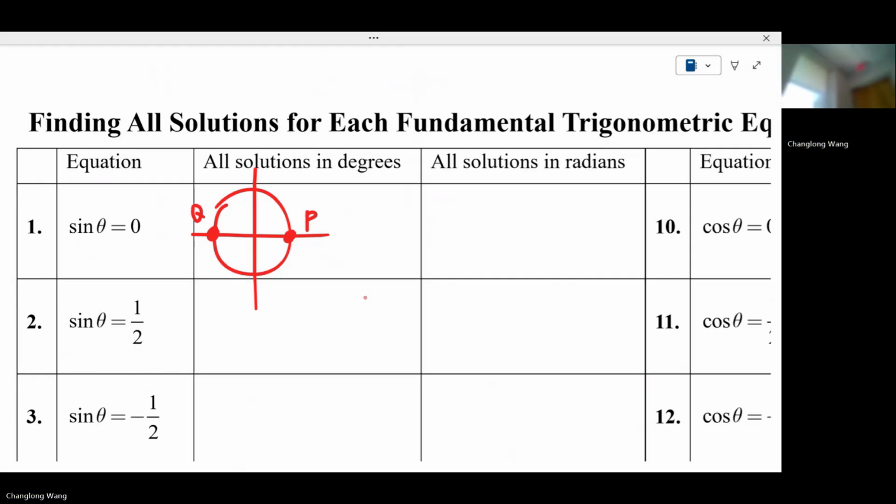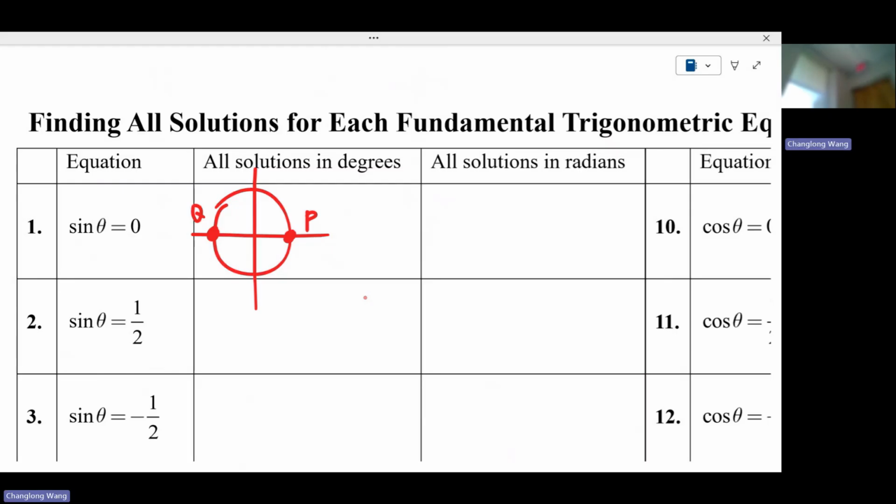So, all right. First off, remind yourself, is sine theta the horizontal or the vertical coordinate? Sine theta is the y. It's the vertical coordinate, right? So you want points whose vertical coordinates must be 0. What are the 2 points?